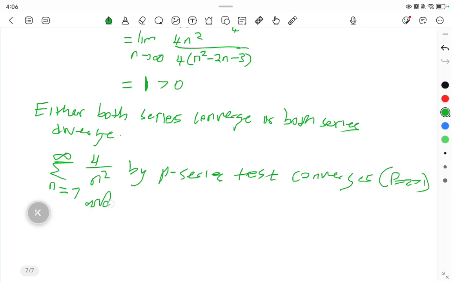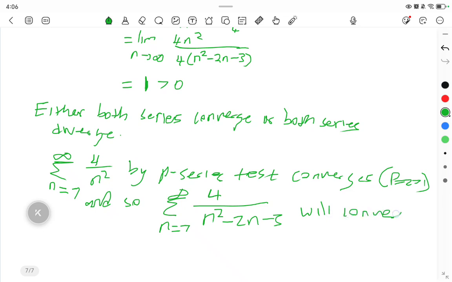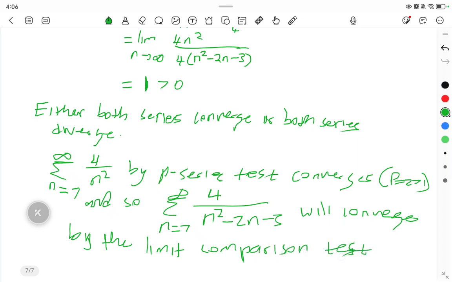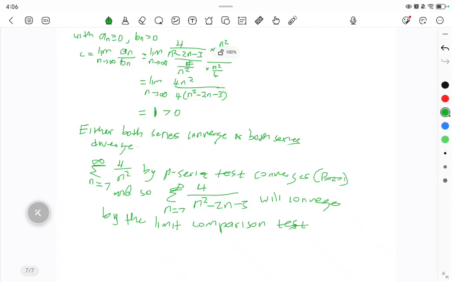And so this one again will converge by the limit comparison test. So yeah, I'll stop here for this one, since I've shown all three cases which I wanted to talk about.